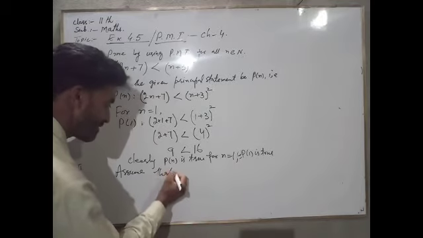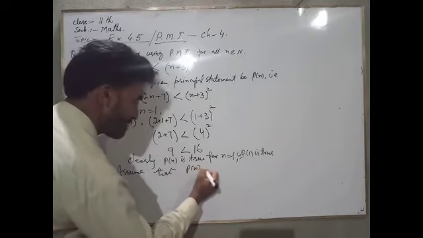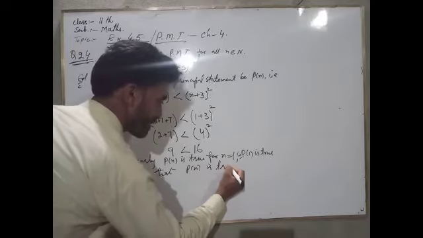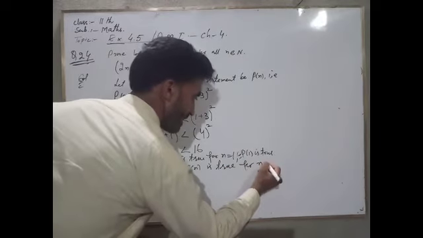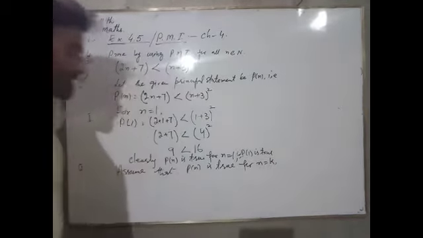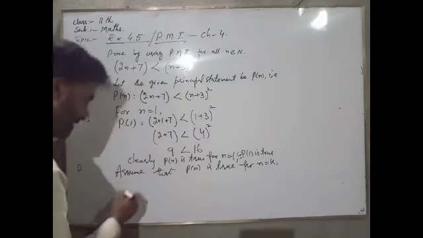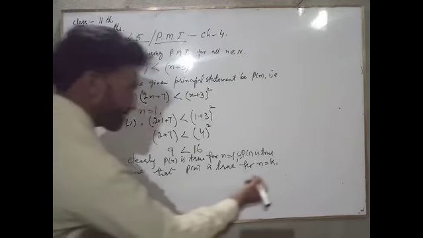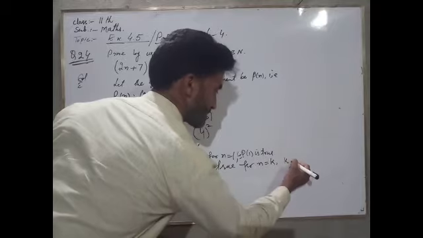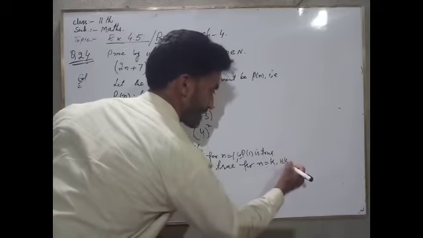Assume that Pn is true for n equal to k, where k is some positive integer, k greater than or equal to 1.